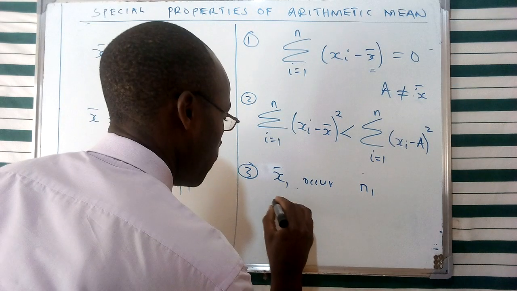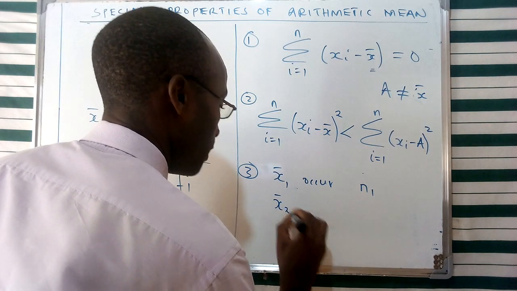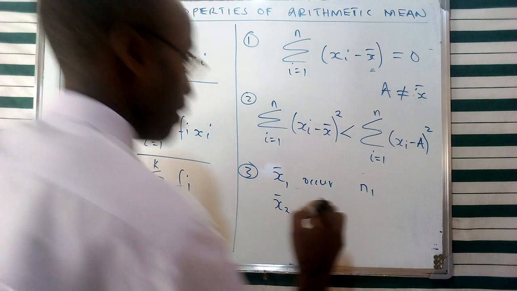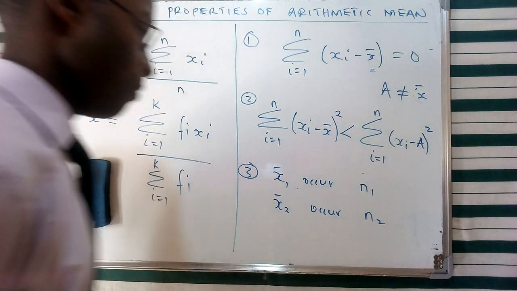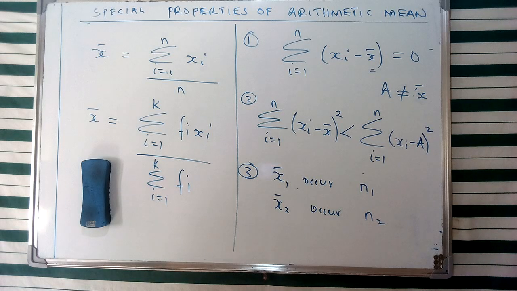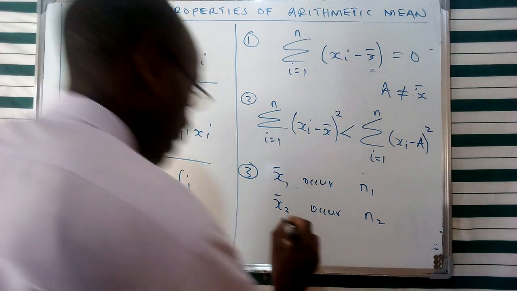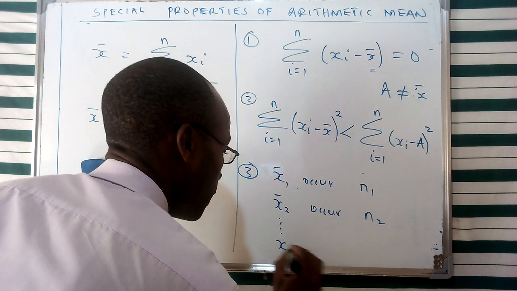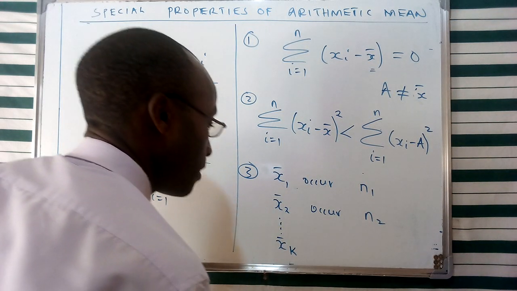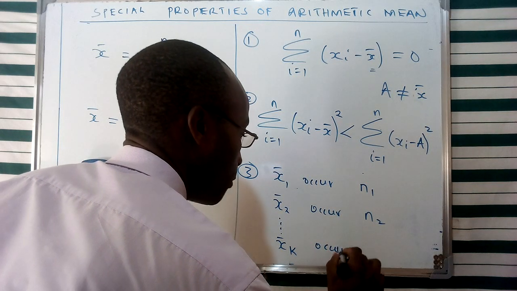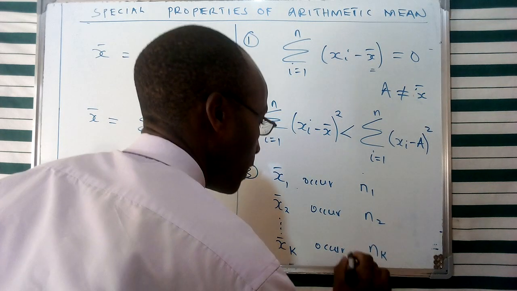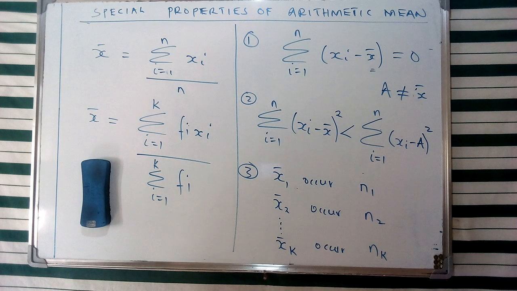If we have a second set of items with a mean x bar 2, which occurs in n2 observations, we can look at this representation of a mean for a particular set of classes given as k, which occur in n k observations.